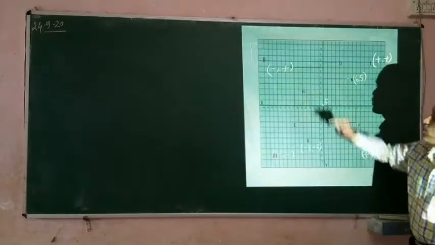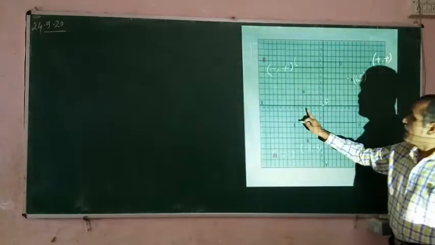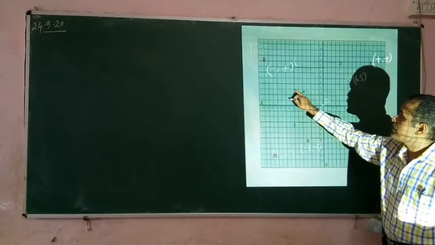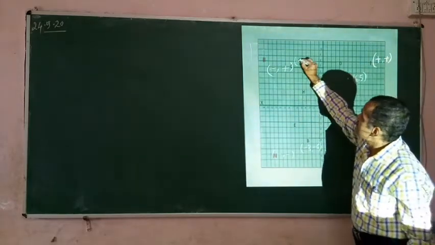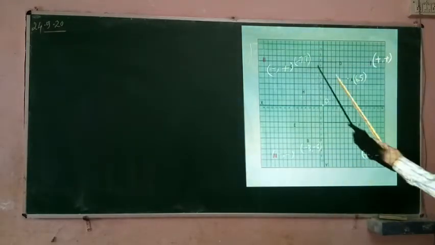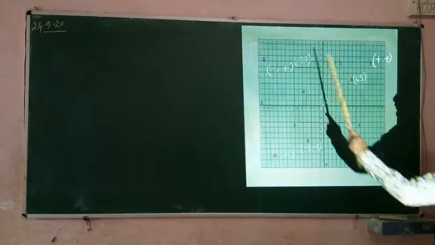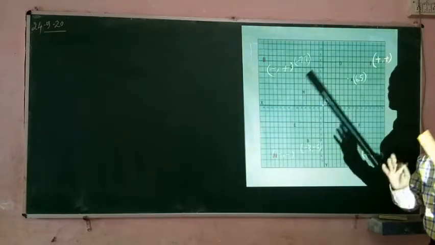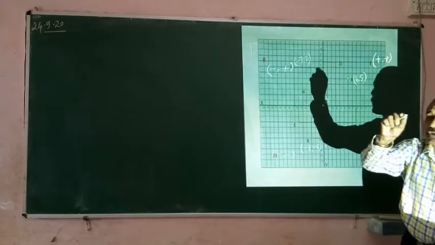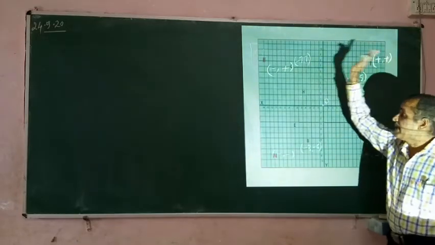So the coordinates of point C are minus 7 and 7. My dear children, the first number always refers to the x-axis, and we call it the abscissa. The second value is always the y-coordinate value, which is called the ordinate.